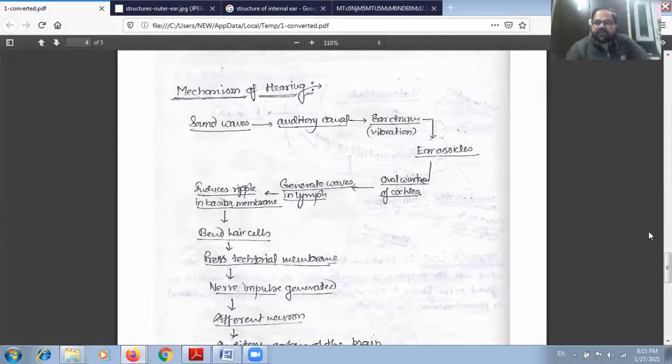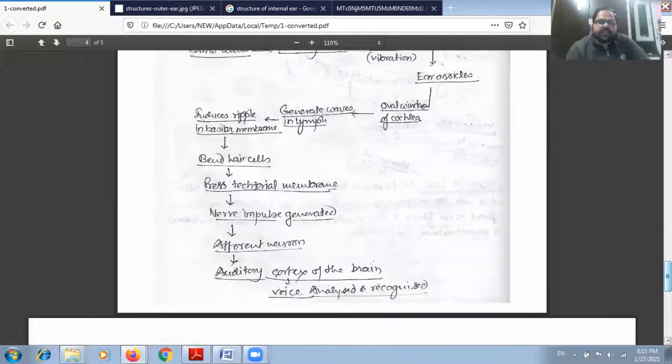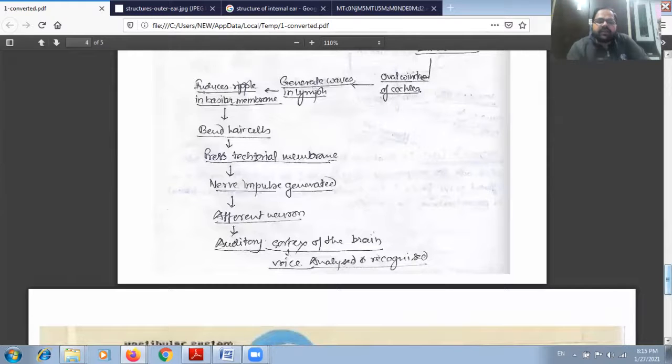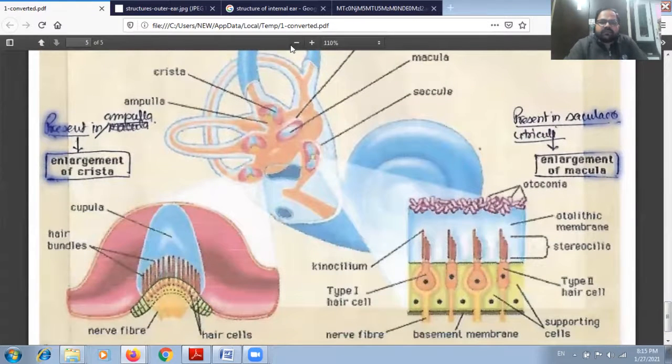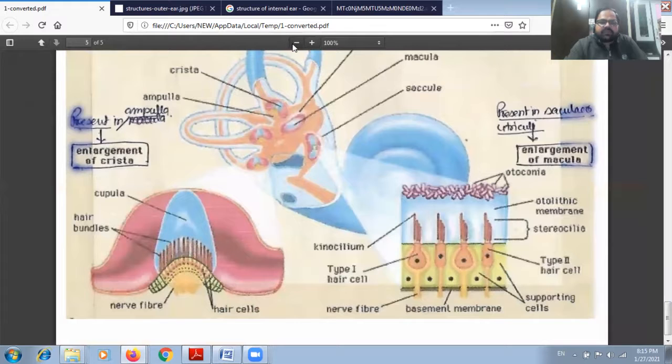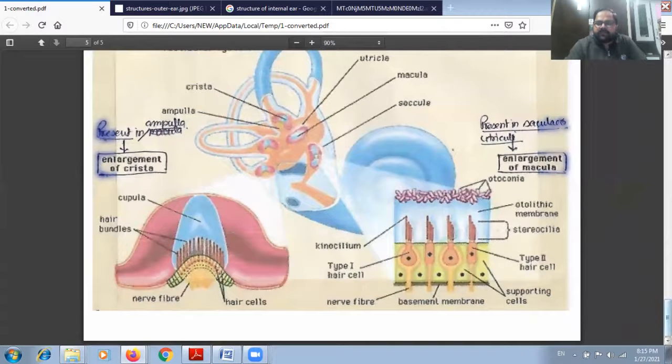Then a nerve impulse is generated, the afferent neuron collects the signal, and through the auditory nerve it sends the signal to the auditory cortex of the brain, where the voice is analyzed and recognized. Here by this figure we will understand the receptors of balancing.